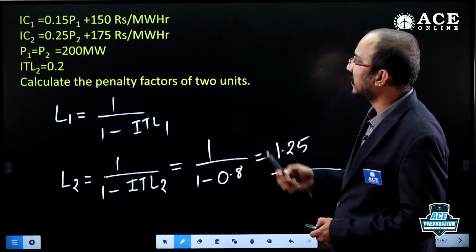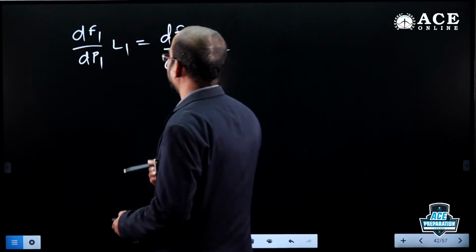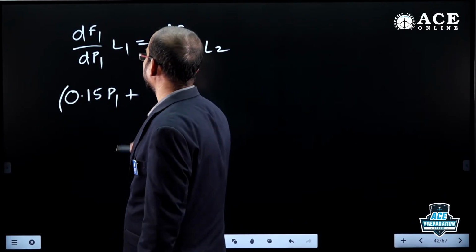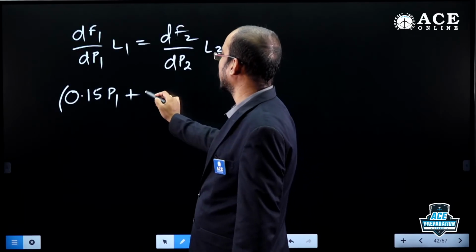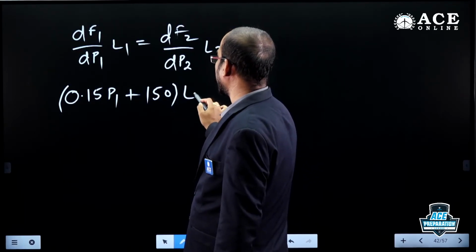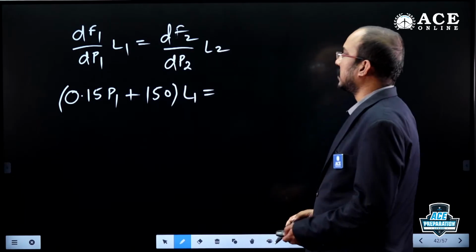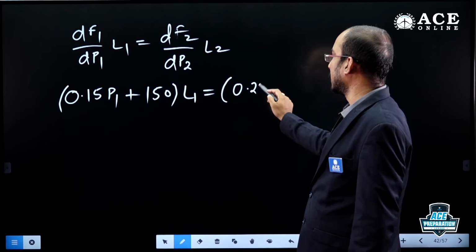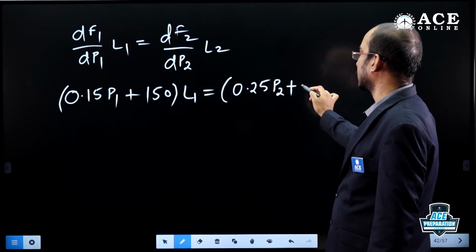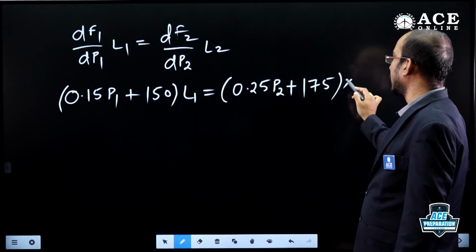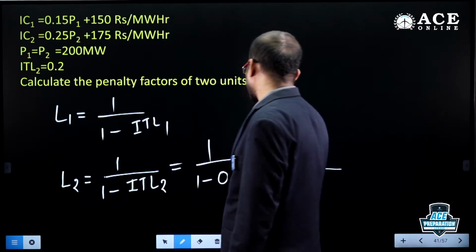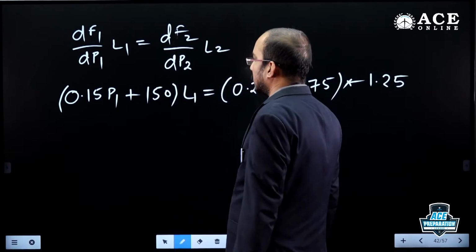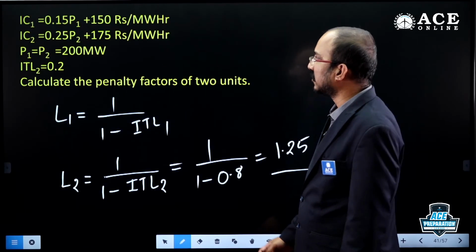So here df1 by dp1 is 0.15 P1 plus 150, into L1, is equal to df2 by dp2, which is 0.25 into P2 plus 175, into L2. L2 we have just calculated as 1.25.